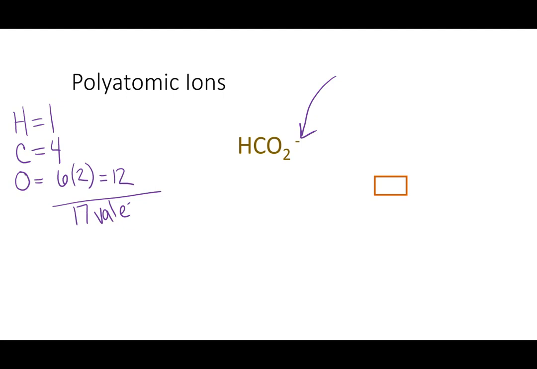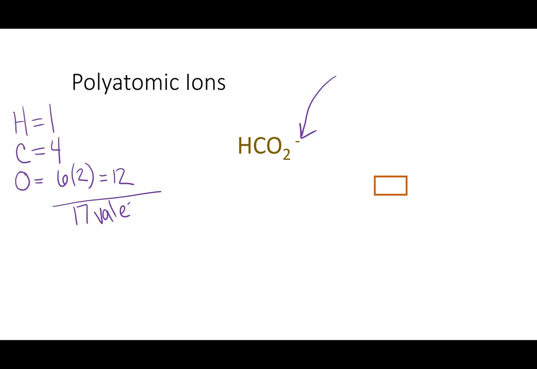So what causes charges? The losing or the gaining of electrons. So if this package has a negative charge associated with it, that means this package went out and it stole 1 electron from somewhere. I don't know where, but it's got a negative charge, so it must have got it from somewhere.